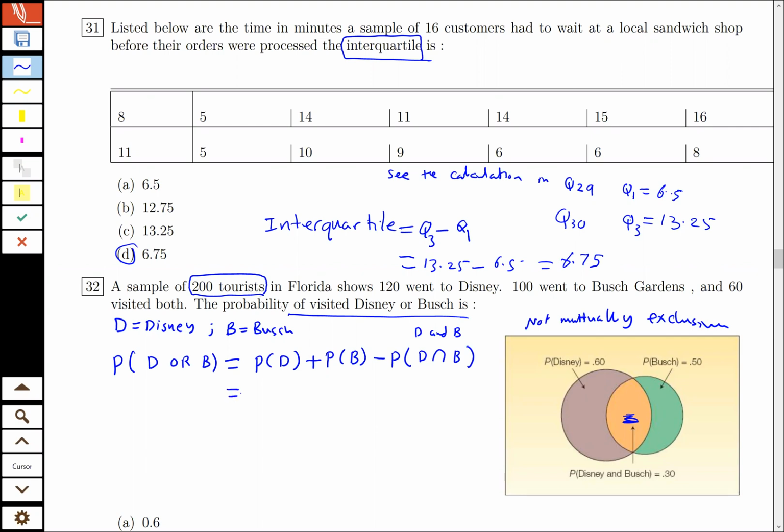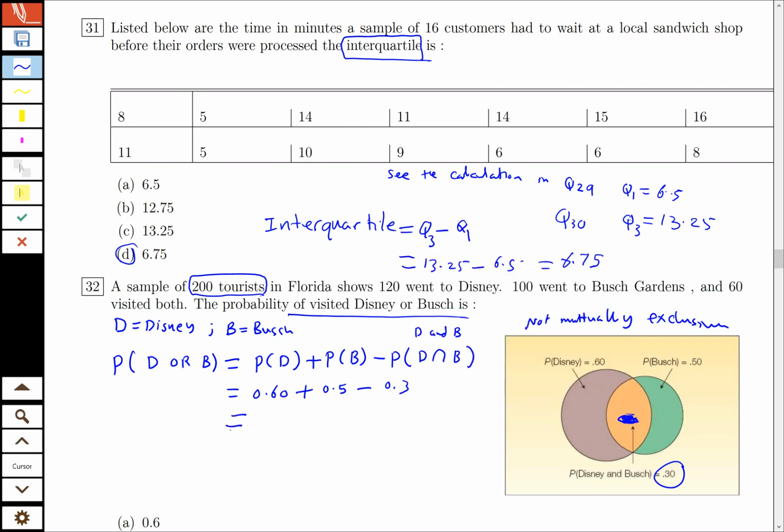So the probability of Disney is given as 0.60. The probability of Busch is given as 0.5, minus the probability of the common part, which is given to be 0.3.